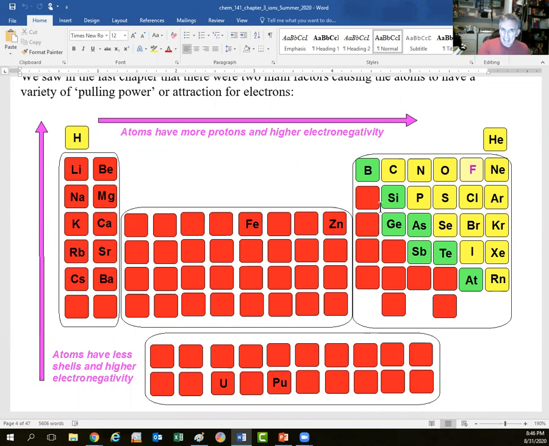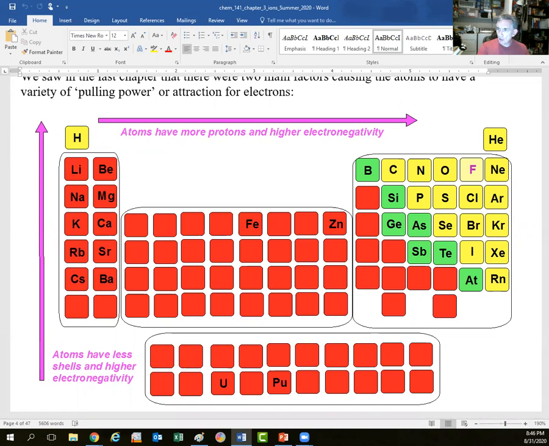We also saw an increase in attraction for electrons, an increase in the electronegativity as we moved up the group. That's because we were stripping away shells, stripping away layers, and so the electrons were now physically closer to the nucleus if we were dealing with an atom with fewer shells, a smaller atom.